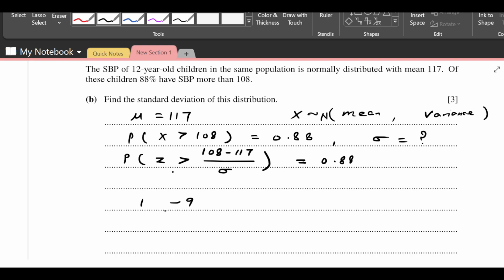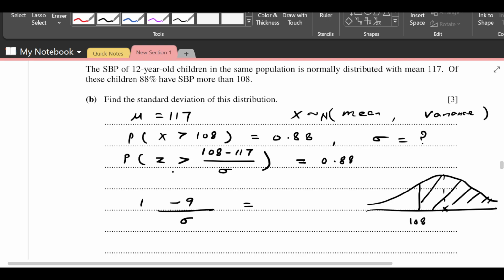So negative 9 divided by sigma will be equal to, now if we look at the chart, this is the probability curve. We want x greater than 108. So 117 is this mean value, and 108 is somewhere here. I have to find greater than 108, so this area I have to look for. Now here the z value is going to be negative.